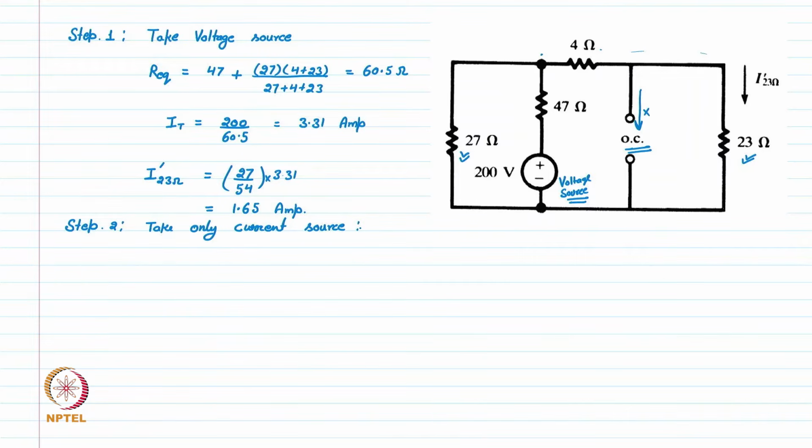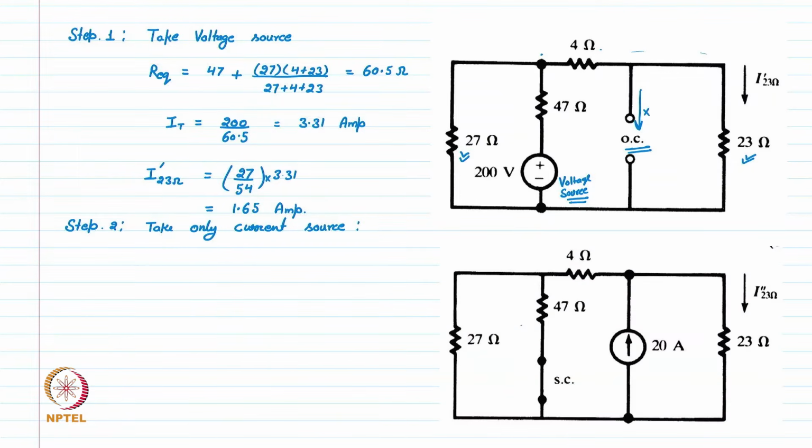So if we draw the circuit again, this is the current source, and we short circuit the voltage source because the internal impedance is 0.